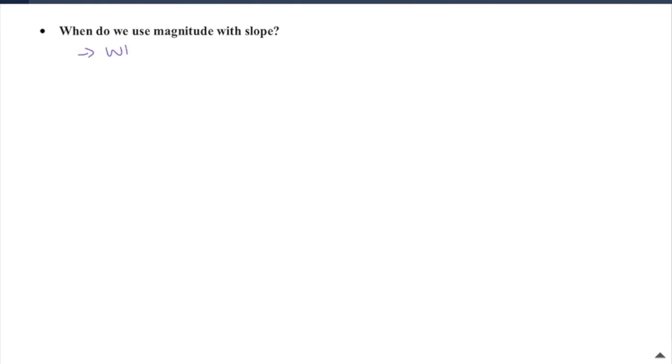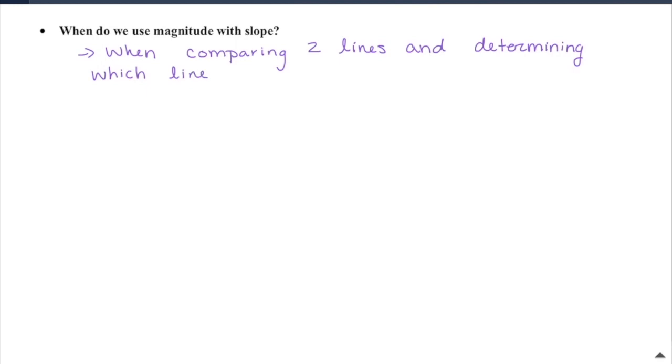So when comparing two lines and determining which line is steeper or flatter.